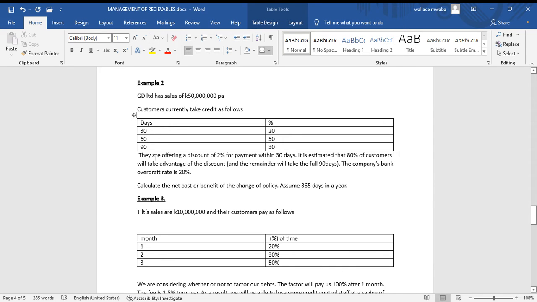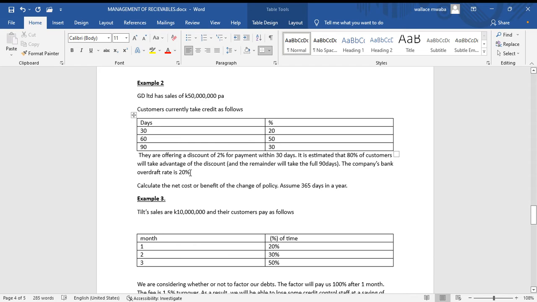So GD Limited wants to offer a discount of 2% for payment within 30 days. It is estimated that 80% of the customers will take advantage of the discount, and the remainder would take the full 90 days. The company's bank overdraft is 20%.